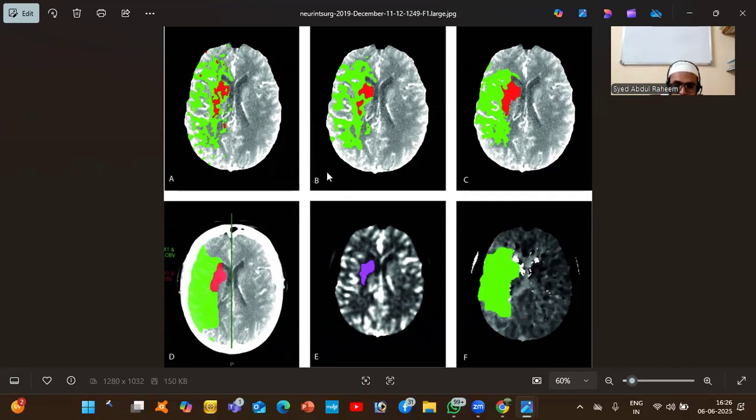So basically, as we already discussed, if a patient comes after the window period, or after 6 hours, or had a wake-up stroke, and you want to know the actual damaged part of the brain, we have one scan that is called CT perfusion.